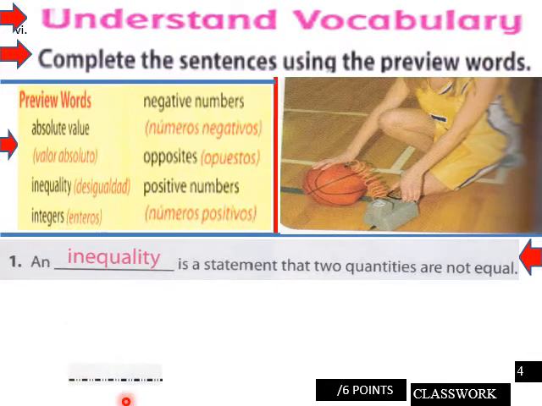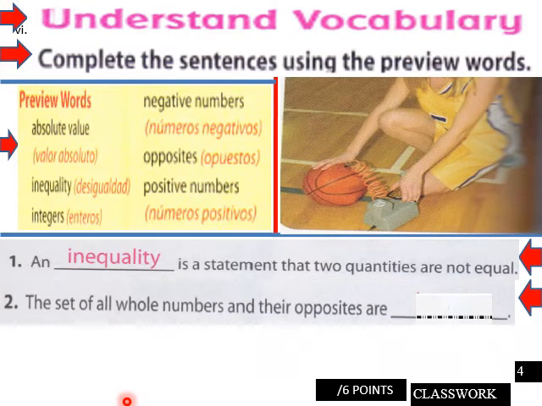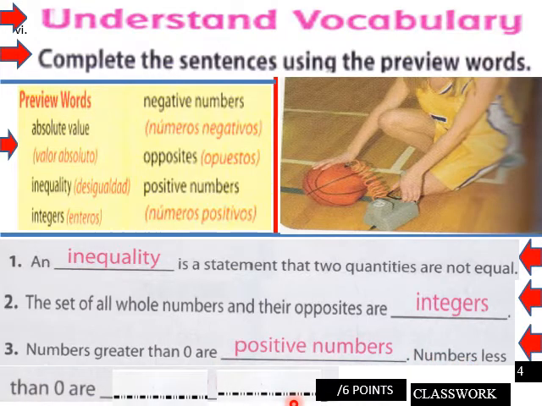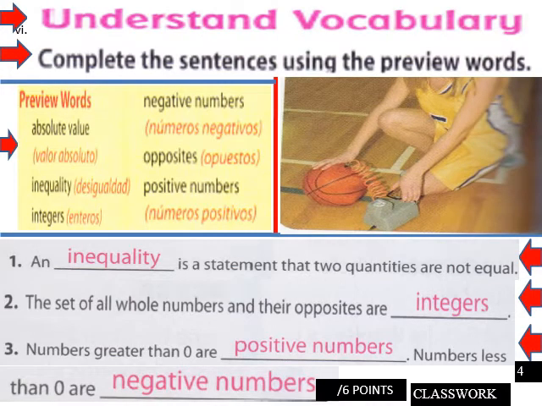Inequality. The set of whole numbers and opposites are blank integers. Numbers greater than 0 are blank, positive numbers. Numbers less than 0 are negative numbers.